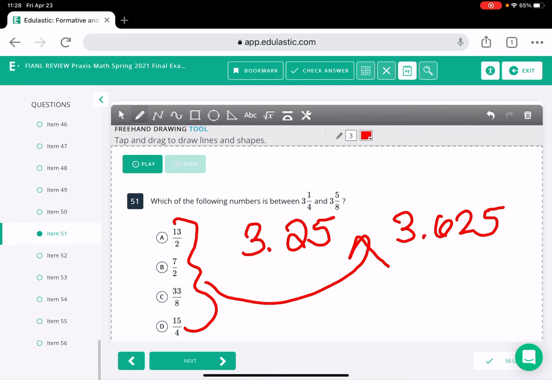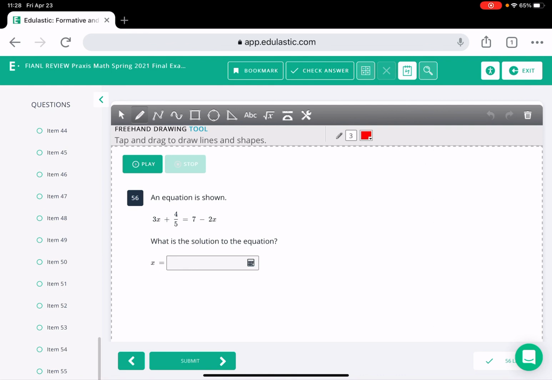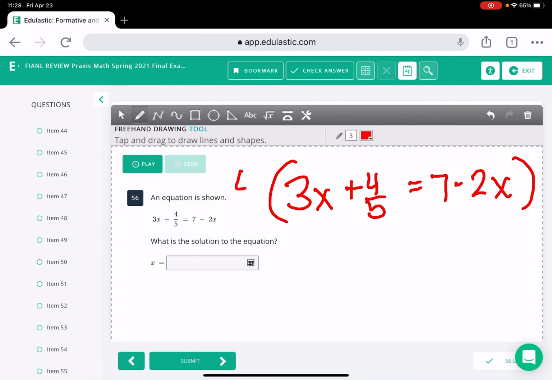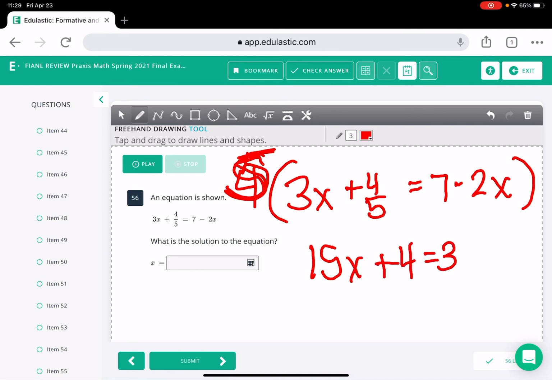Okay, and then the last one that you want is 56. An equation is shown. What is the solution to the equation? So 3x plus 4/5 equals 7 minus 2x. I'm going to clear the fraction again by multiplying everything by 5. So I get 15x plus 4 equals 35 minus 10x.